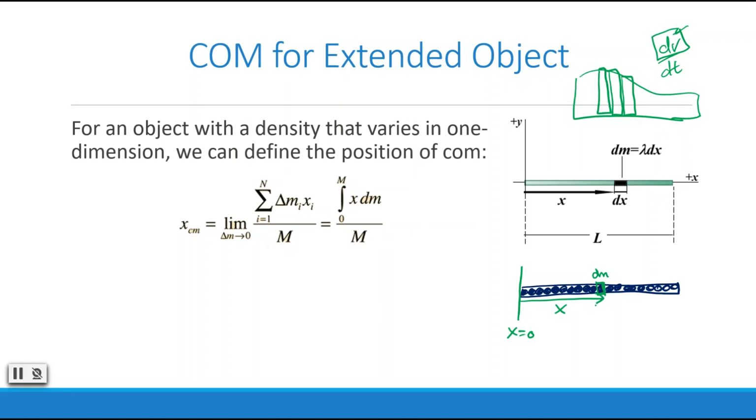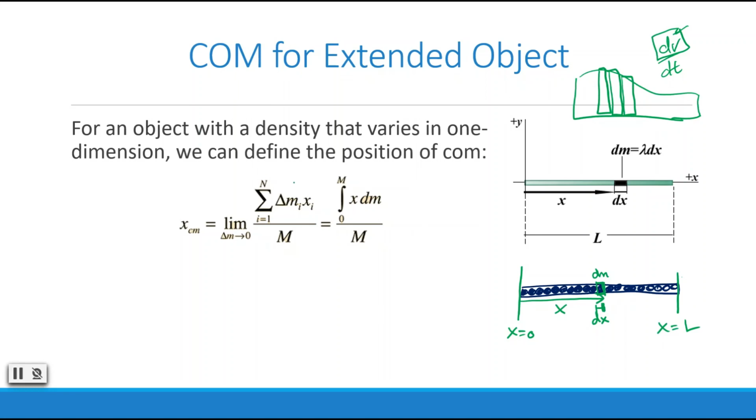So therefore, the physical length or thickness, essentially, of that little piece is dx. It is an infinitesimally small portion of the overall length of this rod. And then the end of the rod over here is x equals L. And the idea is that you treat that little tiny piece as a point mass.